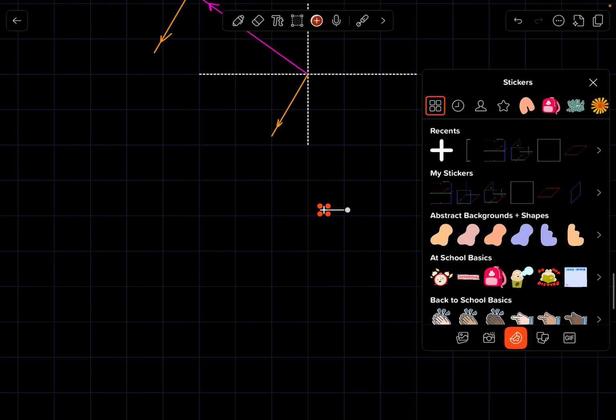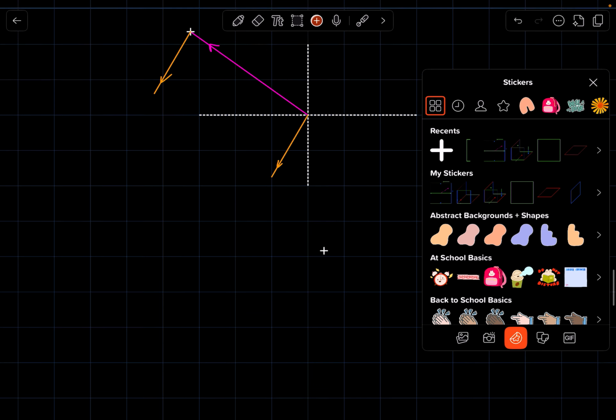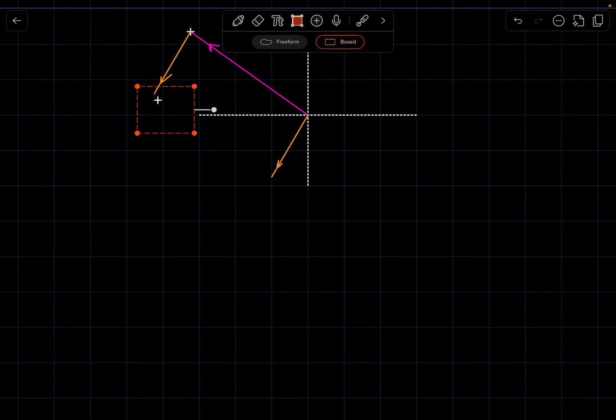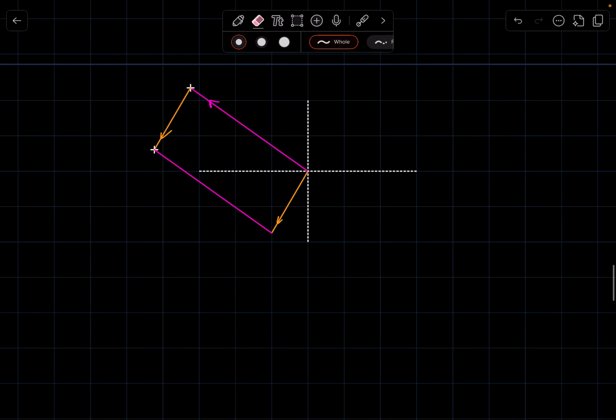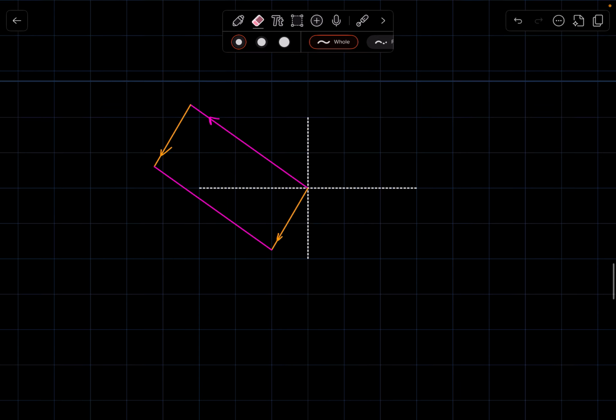You then draw another Cartesian plane at the end of this one, to draw this vector. At the end of it all, you get something that looks like this here, and this is referred to as the parallelogram.